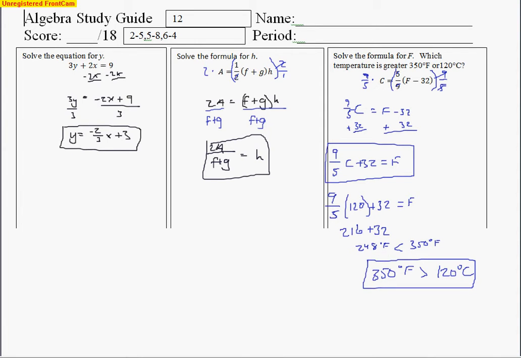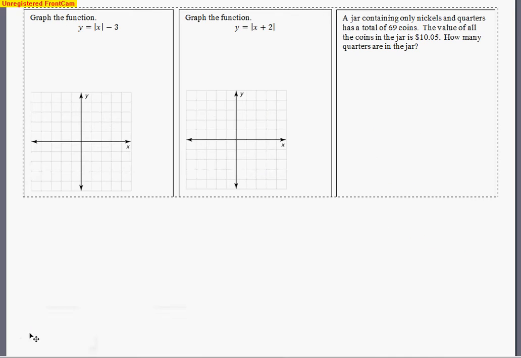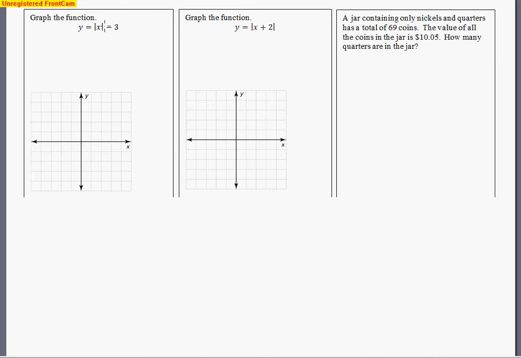Now let's move on to the next set of 3 problems, and here we are graphing this function. Now this is an absolute value function, so anytime we've got absolute value of x equals y, it's going to be a right side up V, where the V is going at a 45-degree angle with respect to a horizontal line.